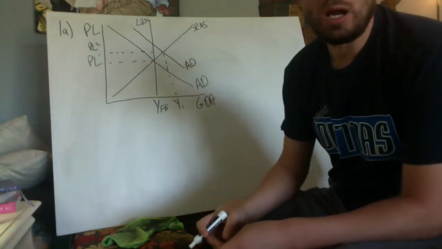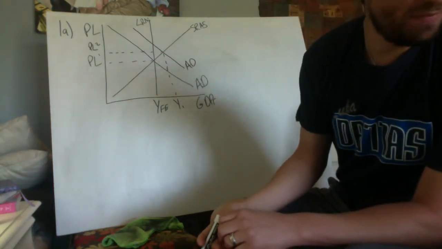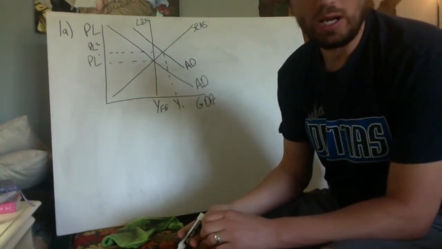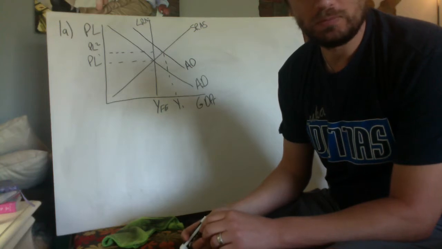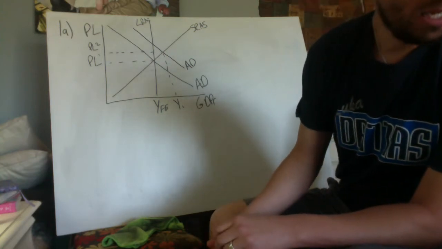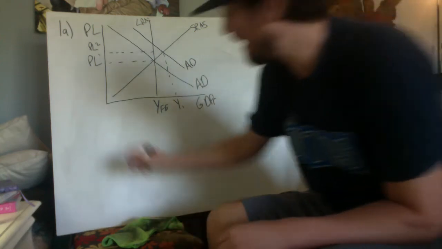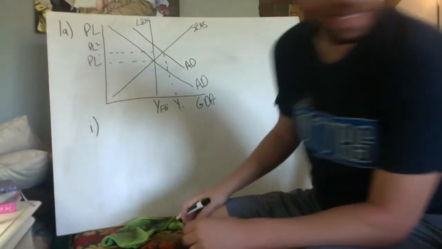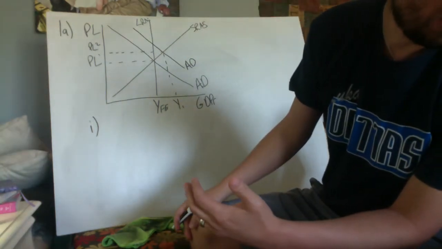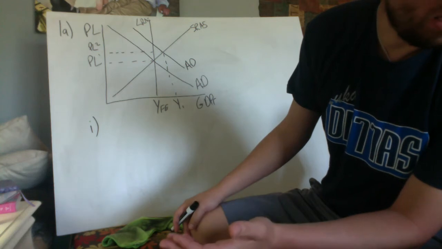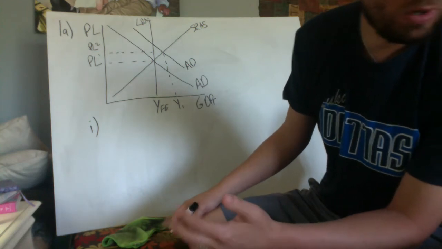So that should be for 1A. That's what you should have there on the graph. Now we need to show the impact in the short run, and then we need to explain.